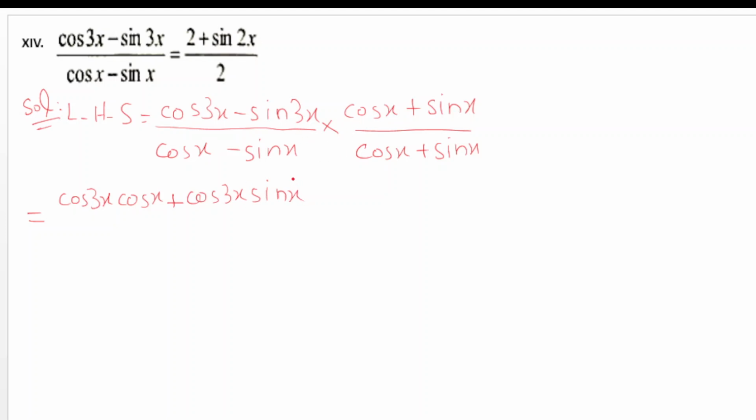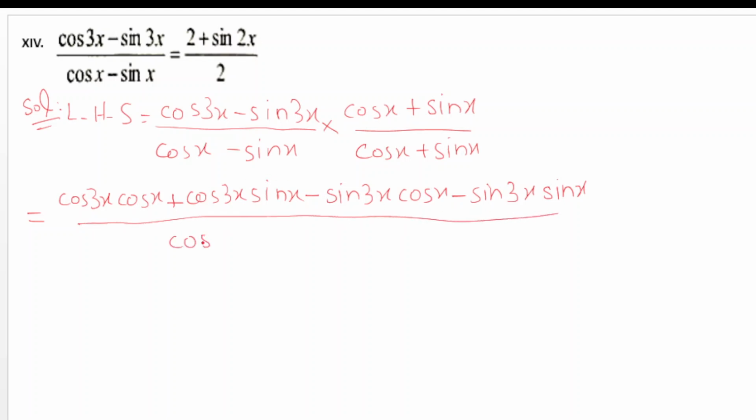Now minus sin 3x will multiply with cos x, like this, and then again negative, as positive times negative will be negative, sin 3x sin x, and at the bottom a minus b and then a plus b. It's just the form of like this.